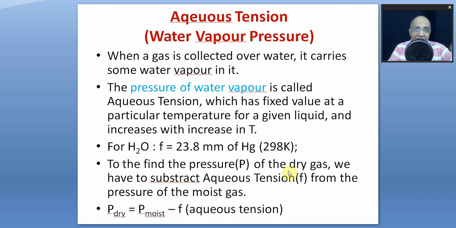If by chance the gas pressure and the atmospheric pressure are equal, then the two mercury levels on the two sides will be the same. In that case, the barometric pressure is equal to the gas pressure. But usually that doesn't happen. That is a coincidence.